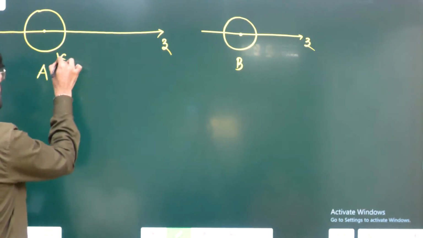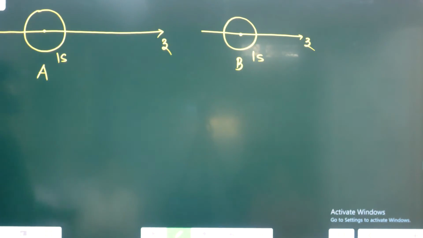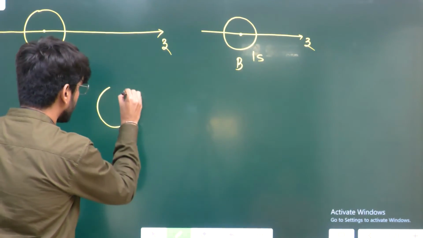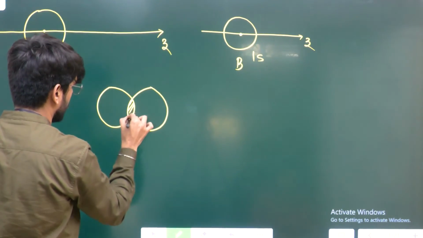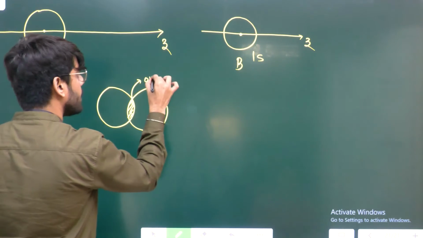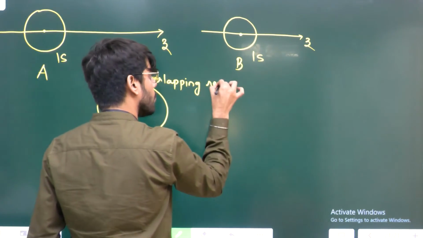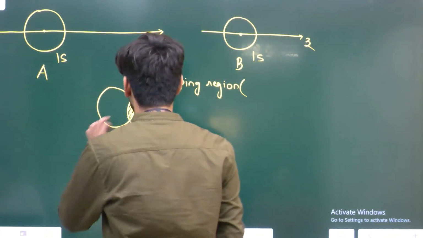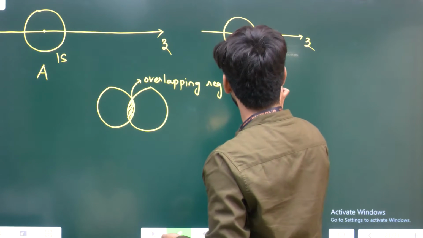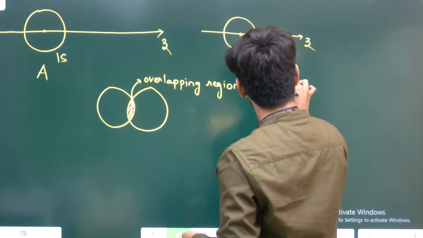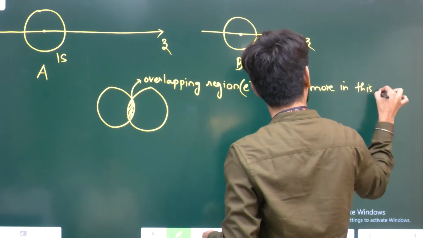Suppose this is 1s, this is also 1s. So let us discuss the overlapping between 1s of A and 1s of B. 1s of A overlaps with 1s of B, and this is called overlapping region. What does this overlapping region mean? It means that the electron density is more in this region.